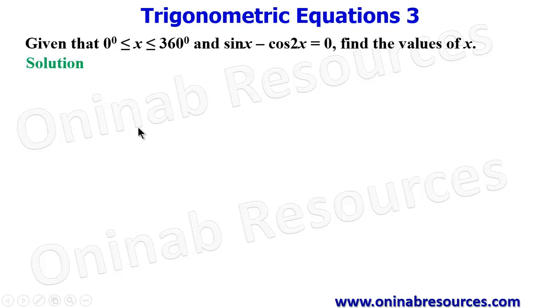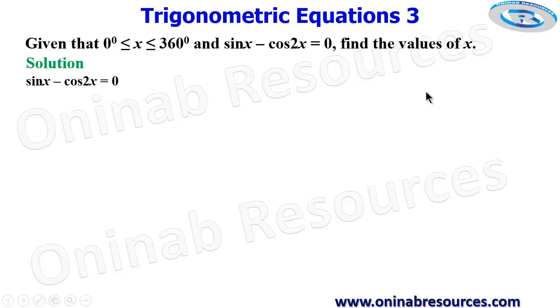So in our solution to the problem, we have this equation, and we are going to make a substitution by getting the identities that involve cos 2x using the double angle formulae.